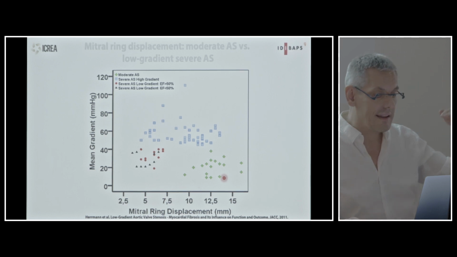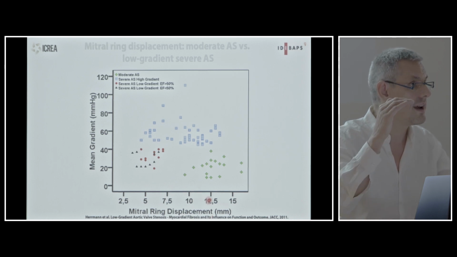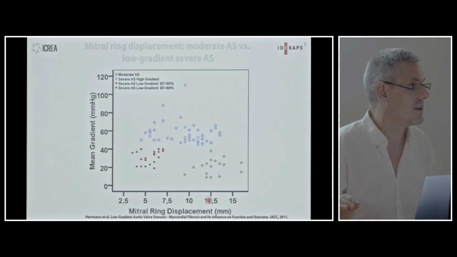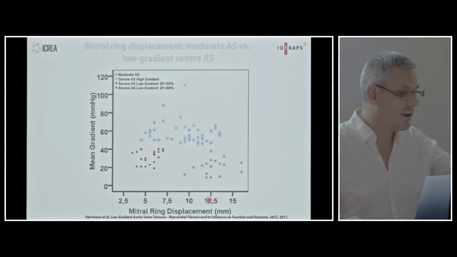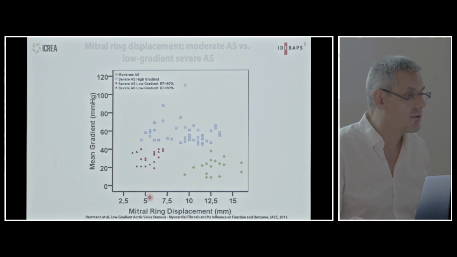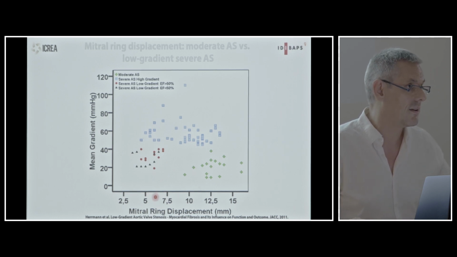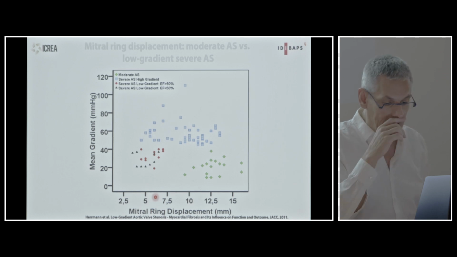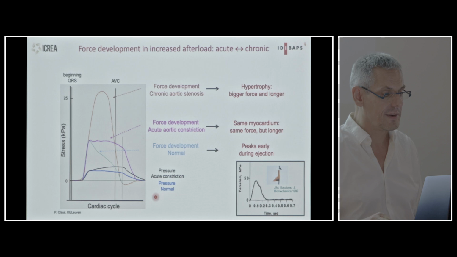If you have a low gradient and a normal ring displacement, so 12 millimeters of longitudinal ring displacement with a low gradient, for sure this is not a severe aortic stenosis because it has no influence whatsoever on the ventricle. If you have a low gradient and a decreased ring displacement, you know this is a severe aortic stenosis independent of the gradient. So by combining this information, you can much more easily differentiate these patients from each other.